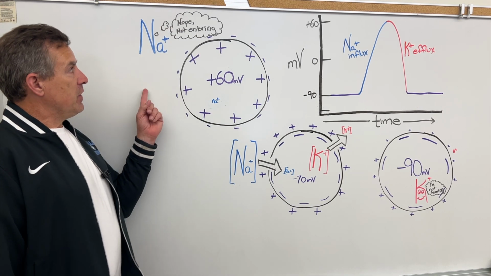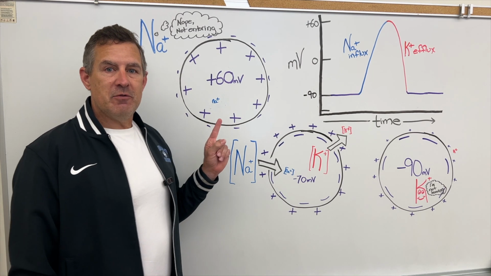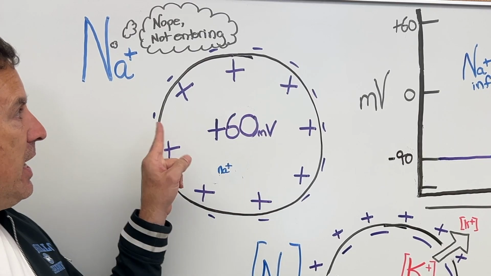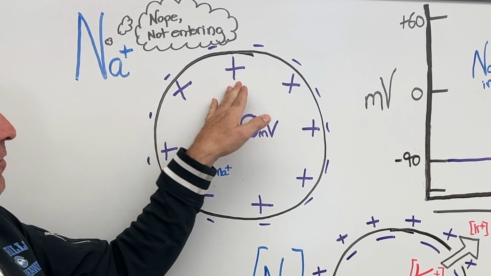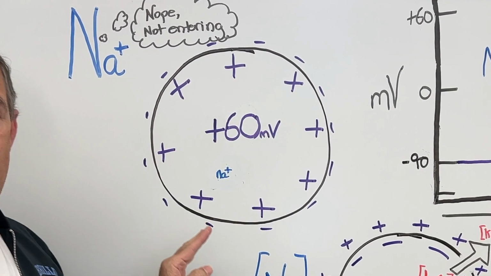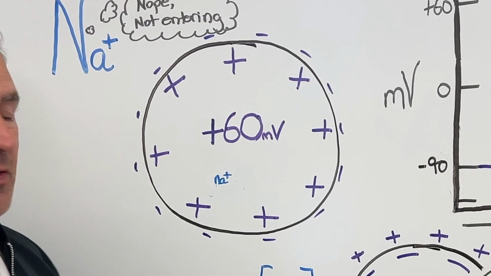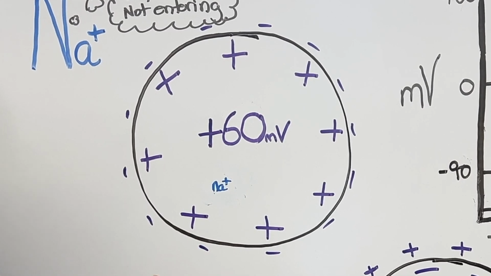If we look at sodium, sodium's equilibrium potential is positive 60 millivolts, as we see right here. And what I'm trying to establish or show or represent in this cell, very large positive charge to represent this cell being super positive, small negative charge on the inside of this cell. This cell has depolarized.